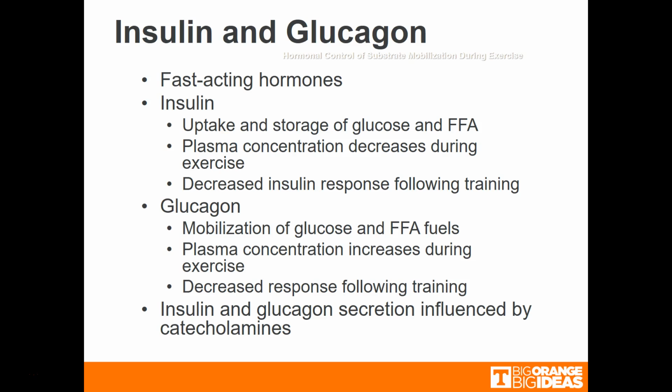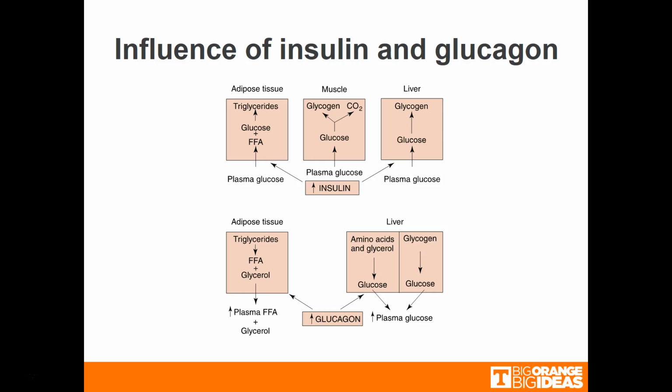Glucagon is going to mobilize glucose and free fatty acids. You will see an increase in glucagon during exercise, and again, you will see a decrease in that response following training. So the insulin and glucagon secretion are being influenced by the catecholamines, so the epinephrine, norepinephrine. So in this figure, you see the influences of both insulin and glucagon.